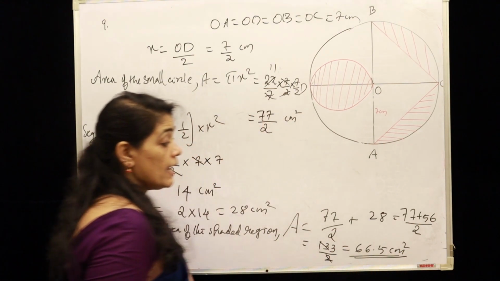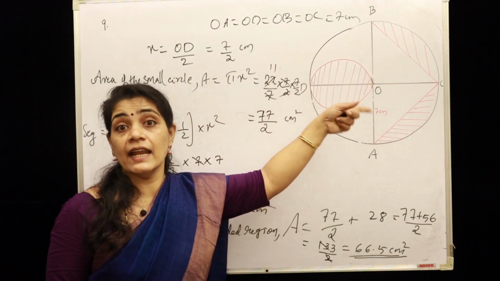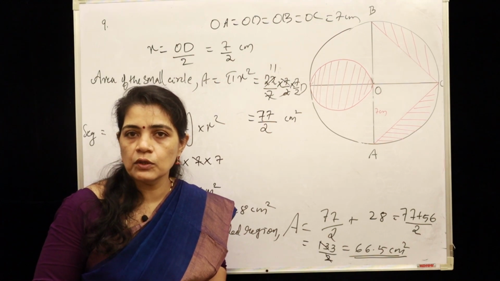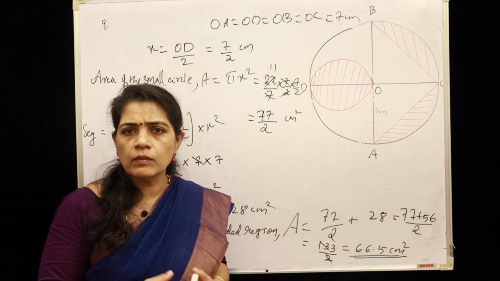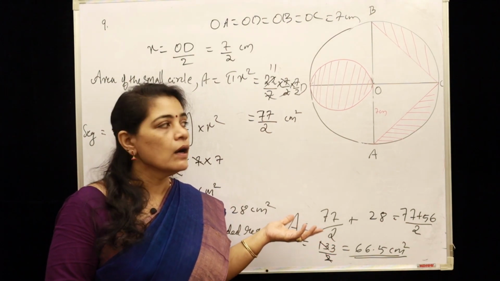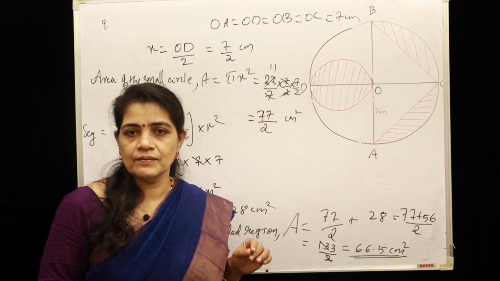This is the area of the shaded region, the small circle and the area of two segments when theta is equal to 90 degrees. Very simple one. So many times this question has been asked in the board exam question paper, so it is one of the important questions of this exercise.